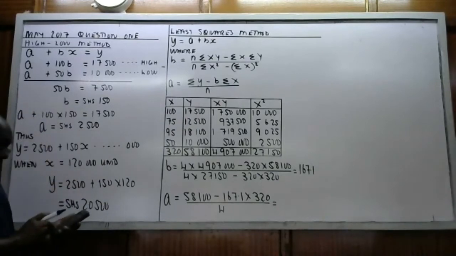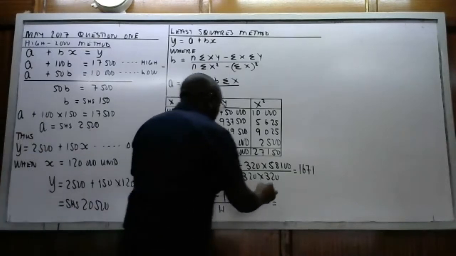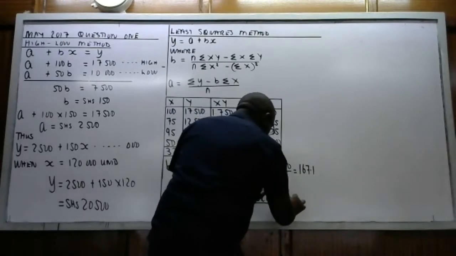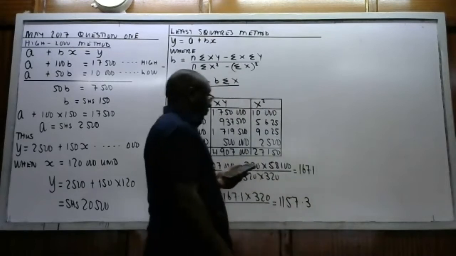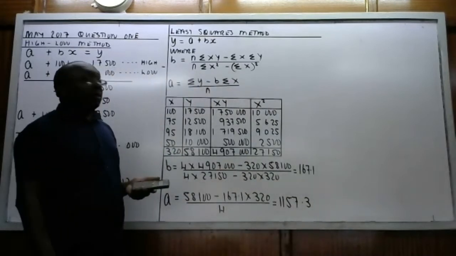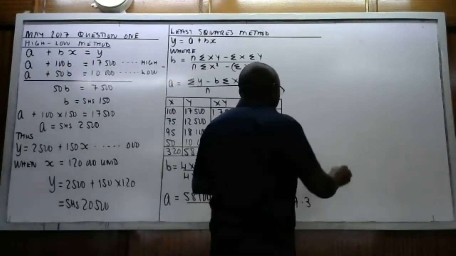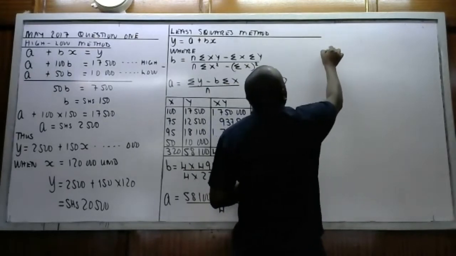Multiply by 320, then 58,100 minus the answer. You're getting something close to 1157.3. Somewhere there. Okay.